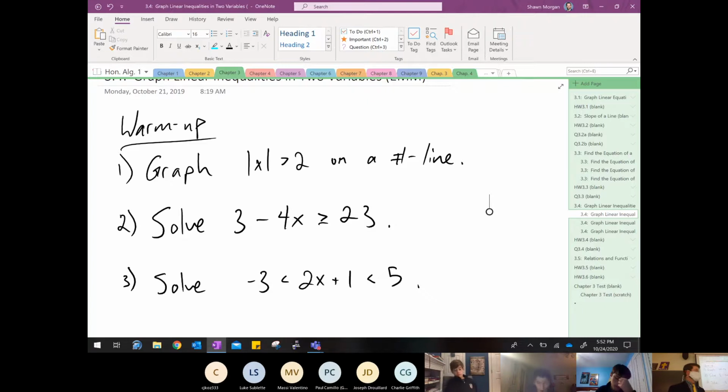I gotta figure out my feng shui in here. I do not like all of this. The table's up there, little desk back there. I'm OCD about that kind of thing. It's gonna drive me nuts until I get it figured out.